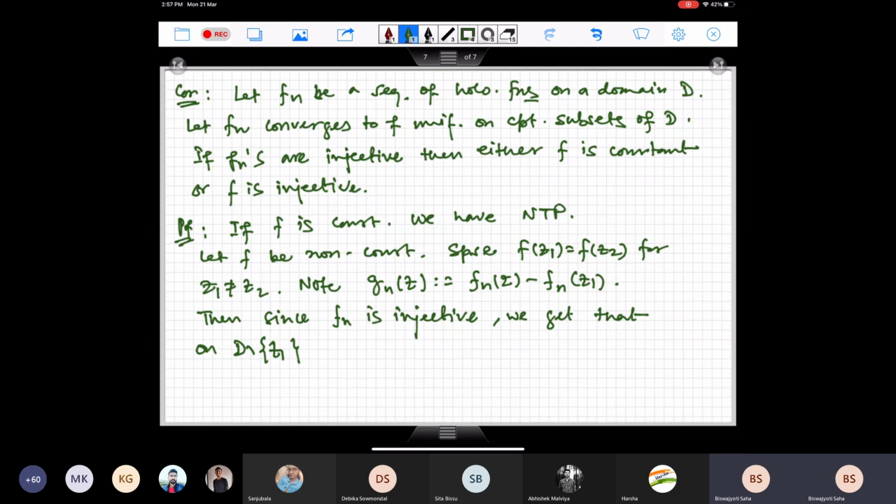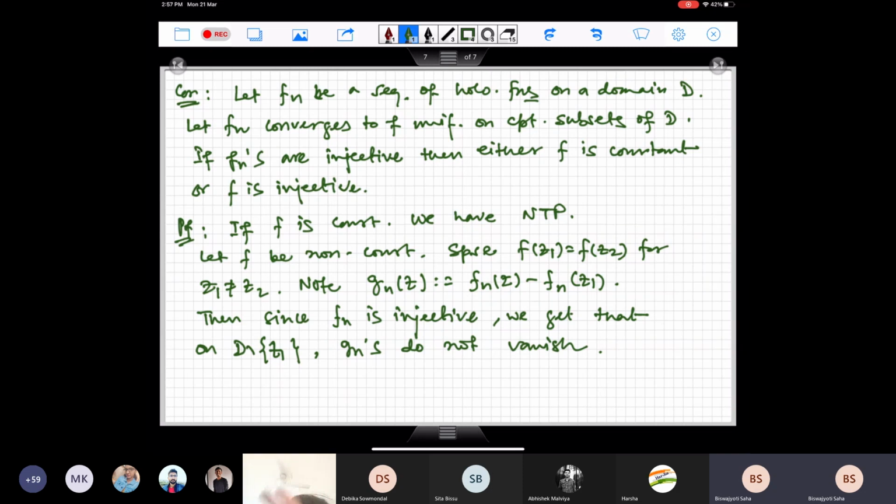So since fn is injective, we get that on D minus z1, gn's do not vanish. All of you agree to that? Yes, sir. Okay, fine. So these gn's are non-vanishing because here I will never get fn of z1, the same value, I will never get. So therefore, this will not cancel. So gn's do not vanish.